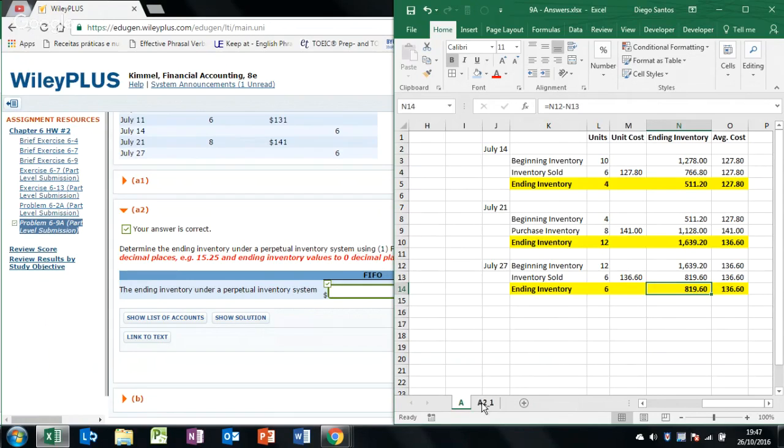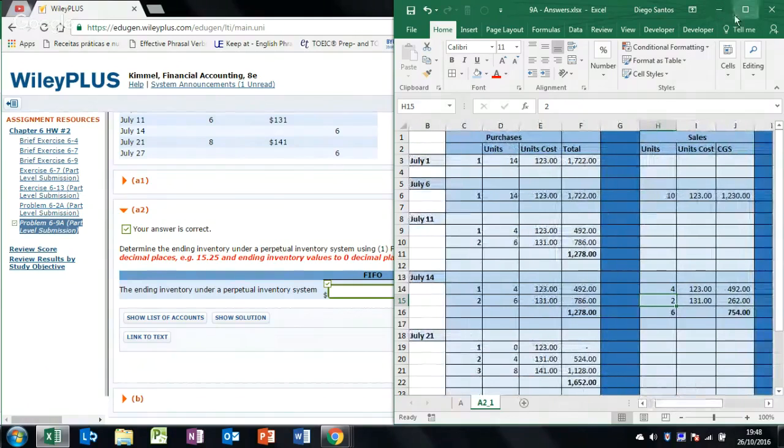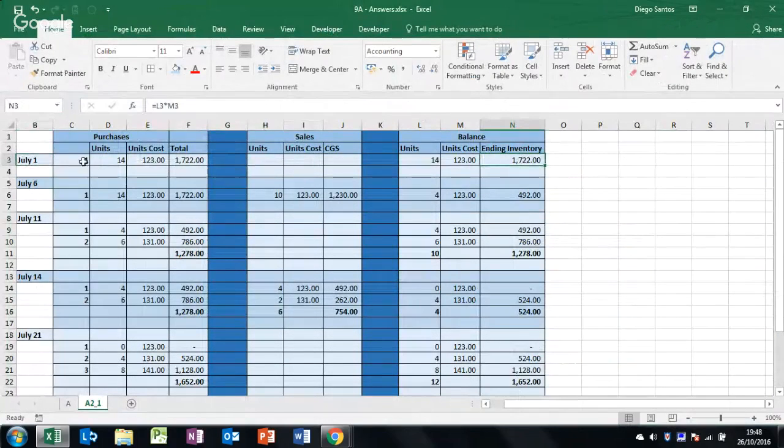For FIFO, FIFO means first in, first out. So we need to compute the cost first of the things that we bought or purchased first. On July 1st, we do not have any cost, so our inventory will remain the same, purchased.